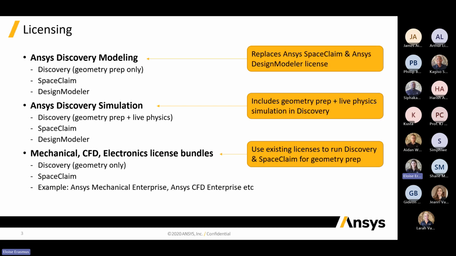As mentioned before, you could either get Discovery Modeling only for the geometry prep, or you can get it as a dual, so to do your geometry prep and then go into the live physics simulation that Discovery does offer, but today we'll only be covering the geometry prep side.